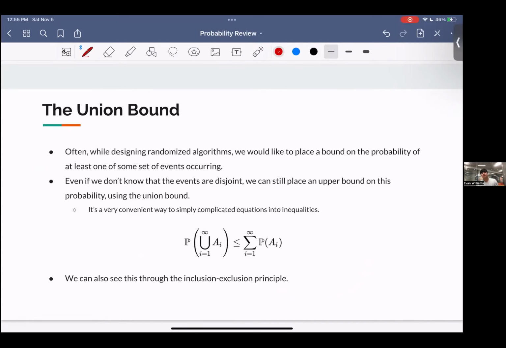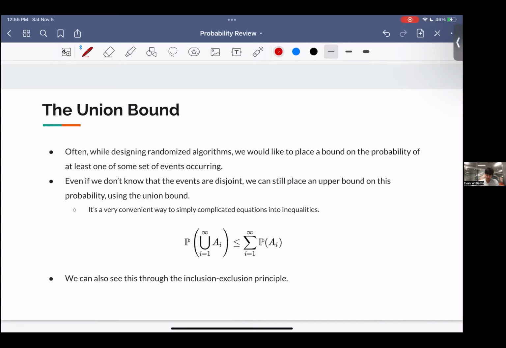Often while we design randomized algorithms, we want to place a bound on the probability that at least one event occurs without necessarily knowing the exact probability. Even if we don't know that the events are disjoint, we can still usually place an upper bound on the probability using the union bound.